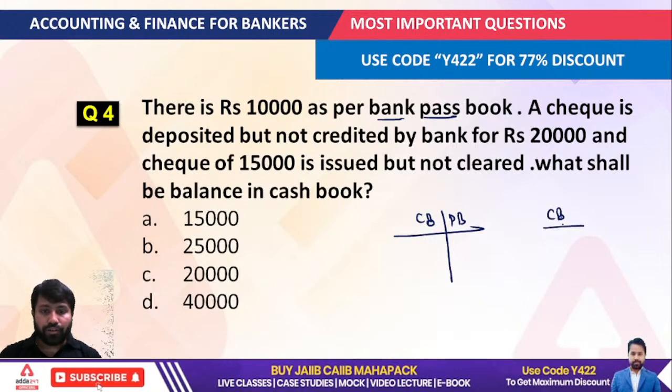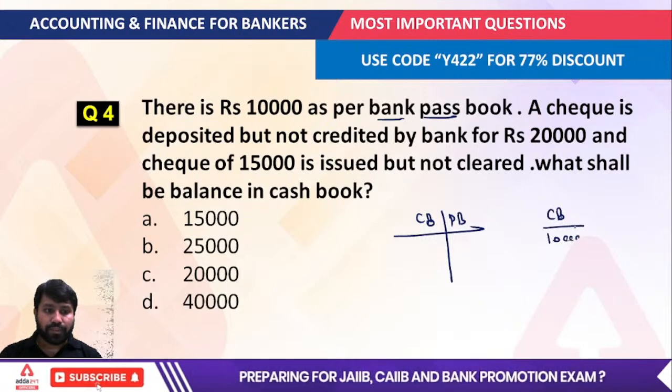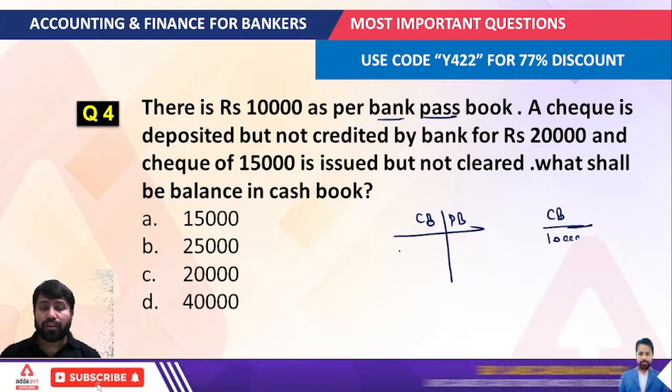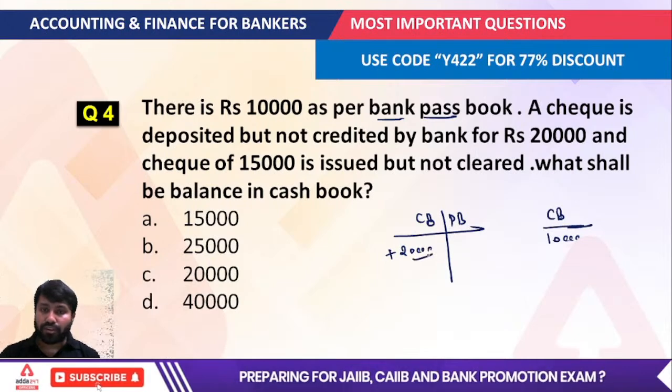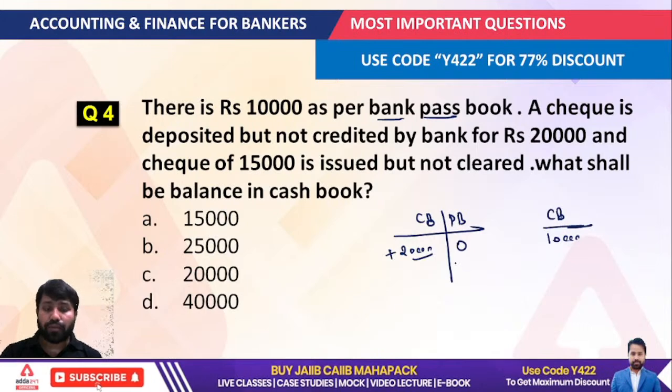Now there is 10,000 as per the bank passbook, so this should be your 10,000 under this balance. A check is deposited but not credited by the bank for 20,000. That means the customer has deposited the check, but it is not updated or credited by the bank, so it would reflect as zero.